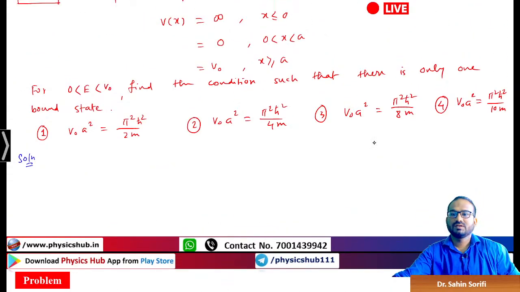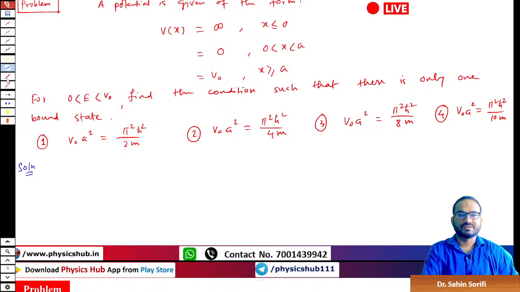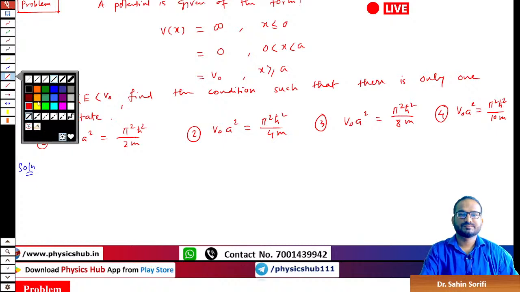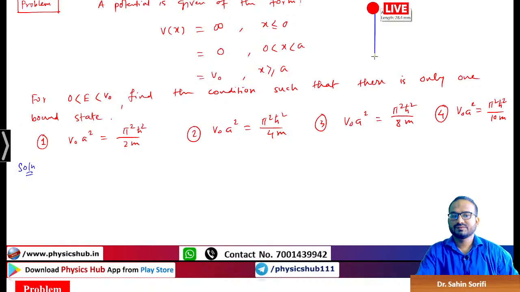First of all, if you look at this potential, what can you write? Let's draw the potential first. For x less than or equal to 0, it is infinity.